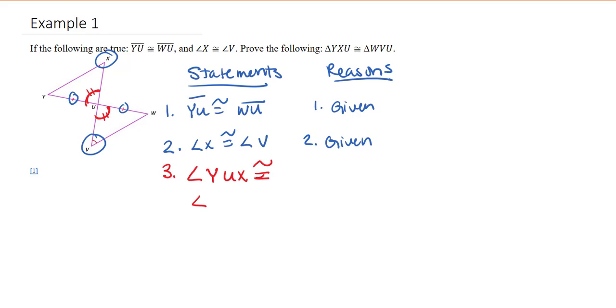We have to make sure we're consistent, so we went with the Y. So now we need to do the WUV. So we ended with those 2 angles that are congruent to each other. And for the reason, it's just vertical angles are congruent.